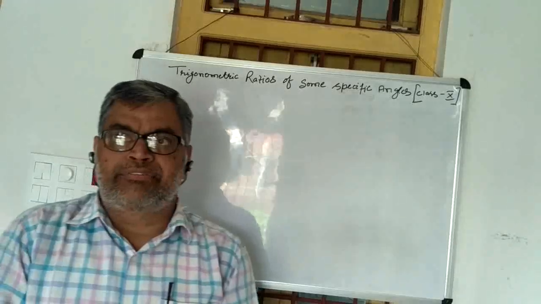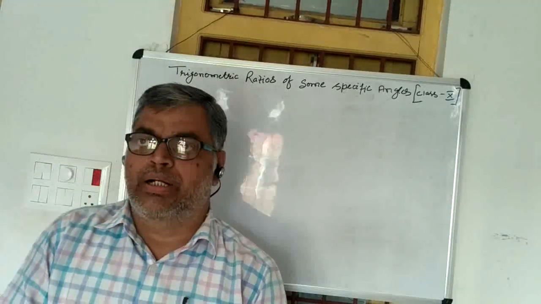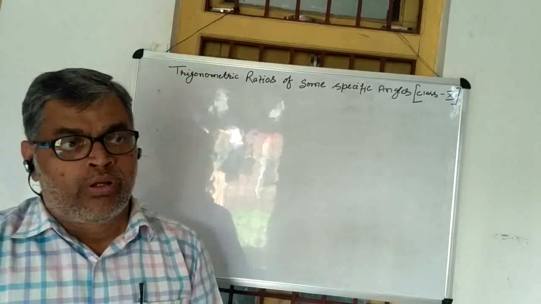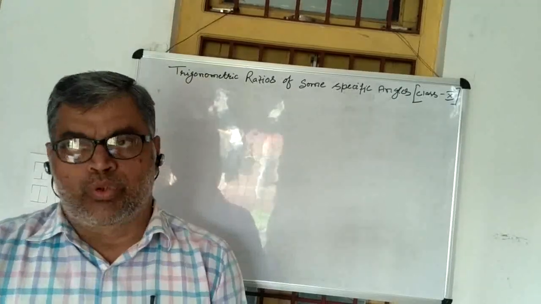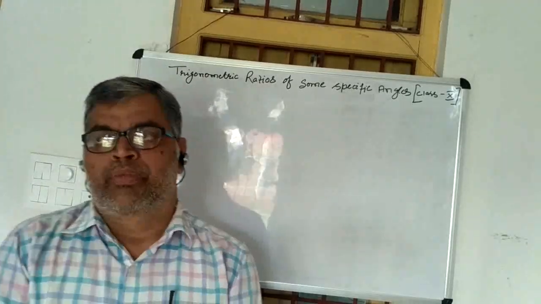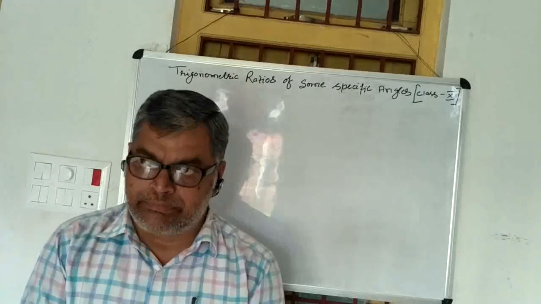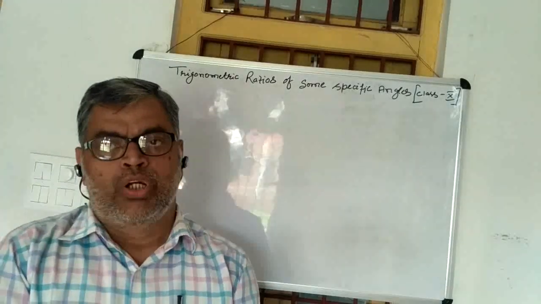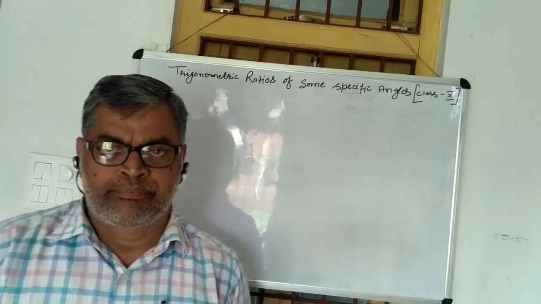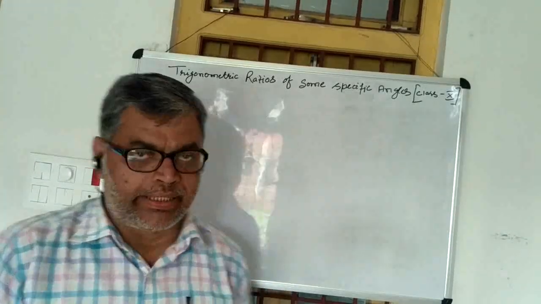It is very difficult to remember all these values. So here I am going to explain a method so that you can prepare the table by yourself within a minute. Let's see how the table can be generated.